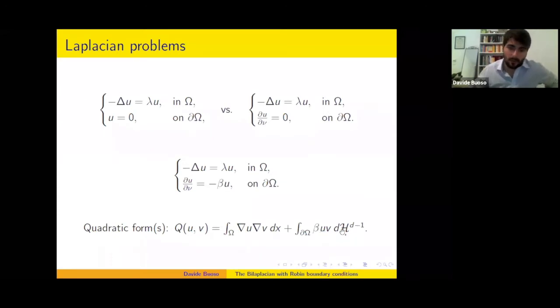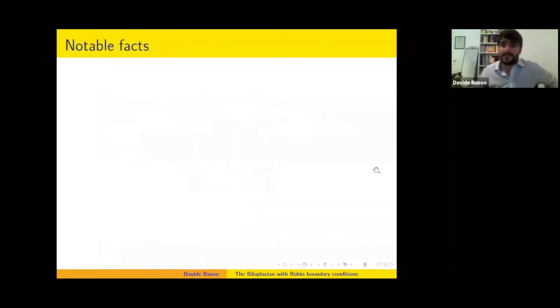While in the general Robin setting, you have this form set in H1. Again, beta could be a function defined on the boundary. In the rest of the talk, we will only consider the case of constants. So keep in mind that it could be a function, but for the sake of simplicity, we will consider constants.